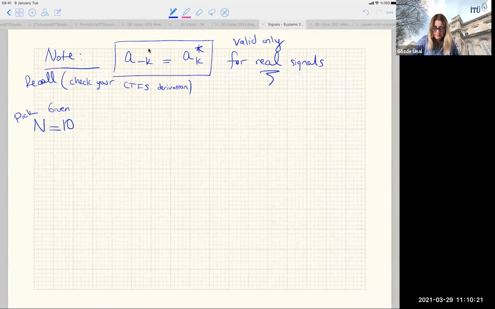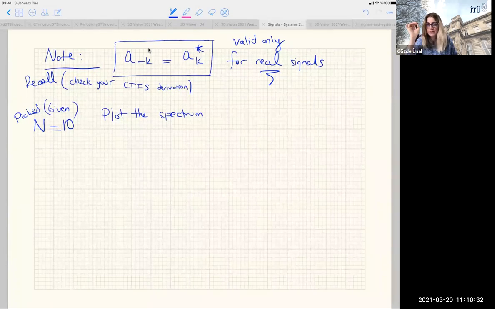Now plot the spectrum, because I already know which coefficients A_k are there. Plotting the spectrum means we are looking at the frequency domain representation of this signal.